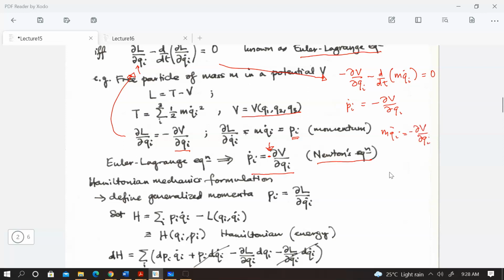Remember, in Lagrangian mechanics you have not really defined your momenta as yet, but your momenta gets defined when you do this definition. And once you do this, you define this new variable p_i instead of q_i dot.